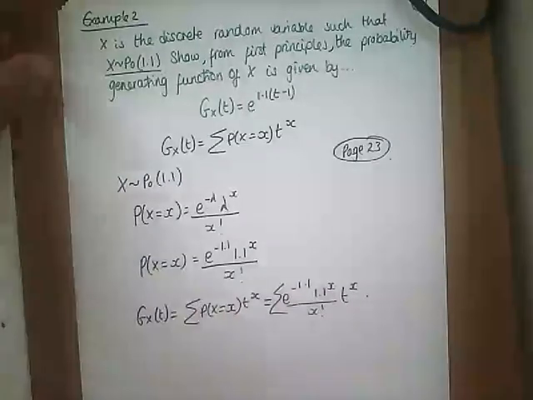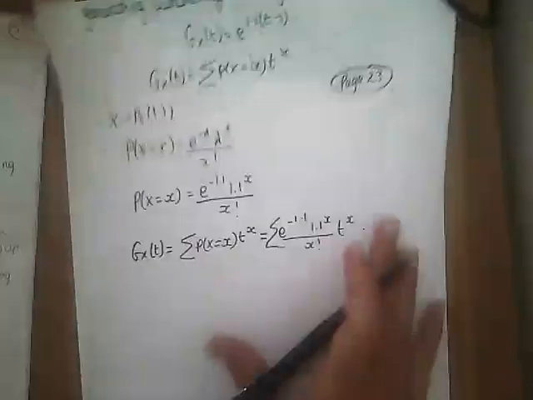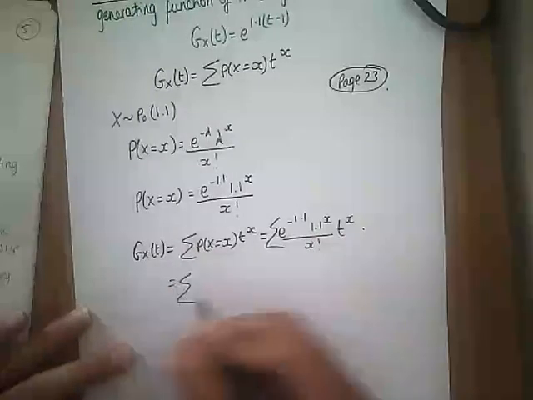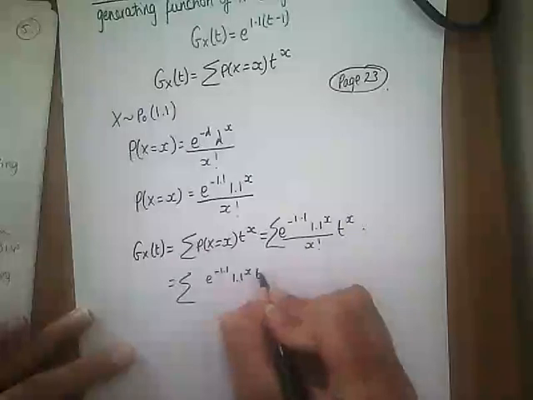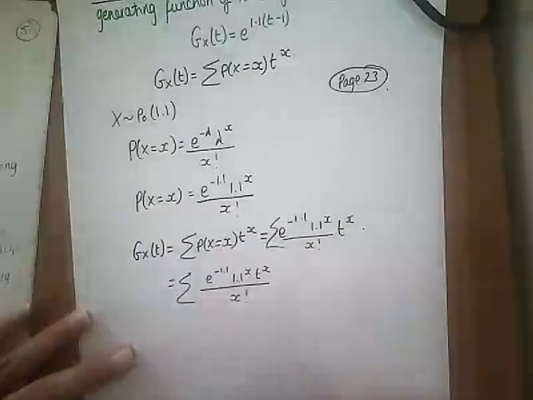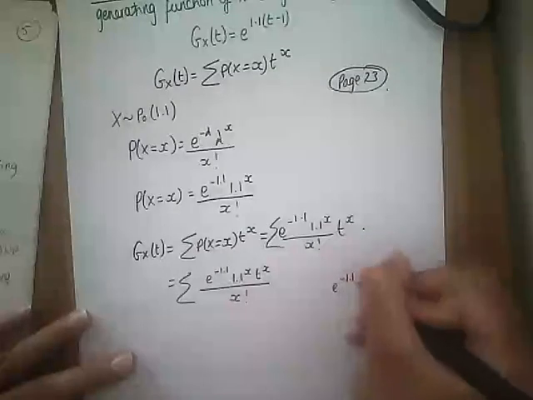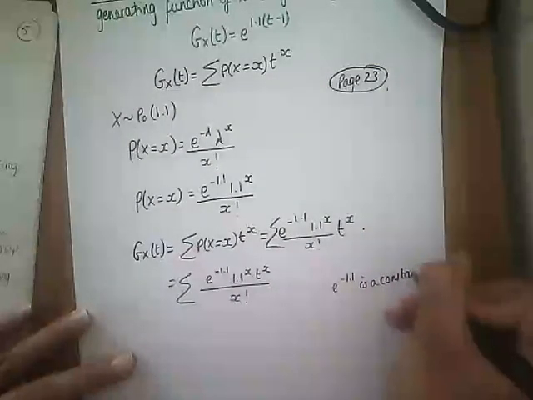Now I'm going to try to tidy that up a little bit. We've got e to the minus 1.1, 1.1 to the x, and t to the x can sit on the top, over x factorial. Now e to the minus 1.1 is a constant, because it's not got an x in it, it's nothing to do with x.